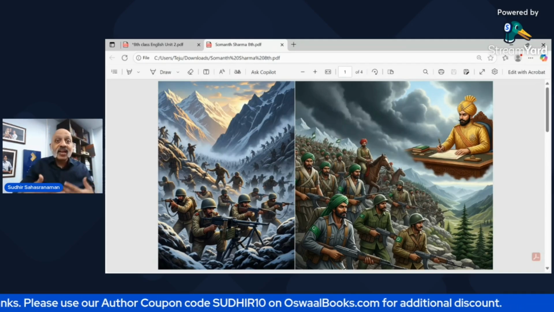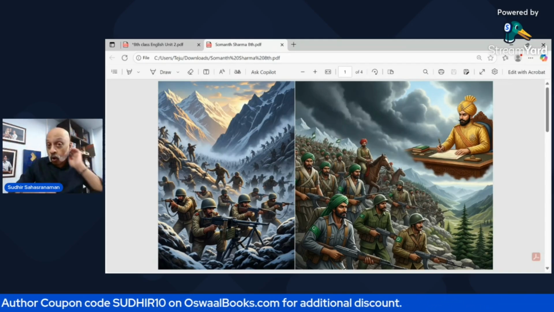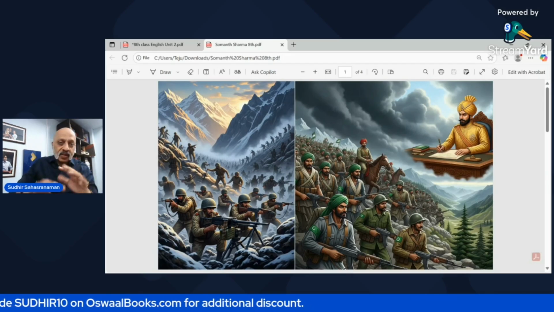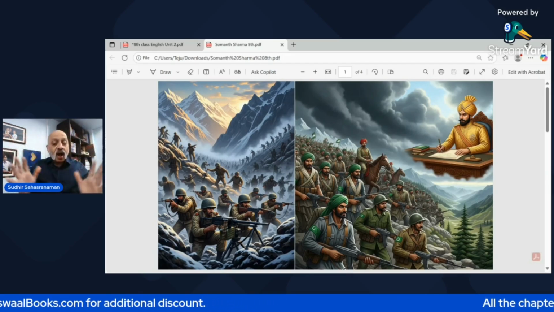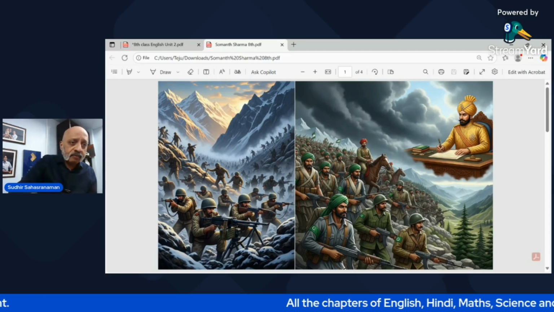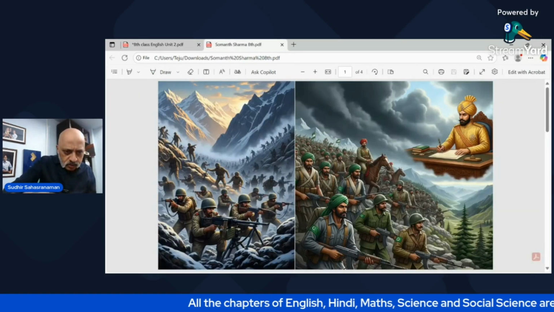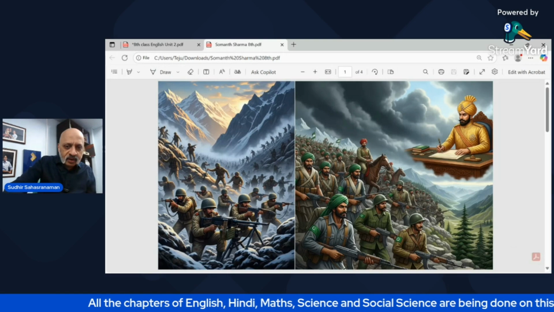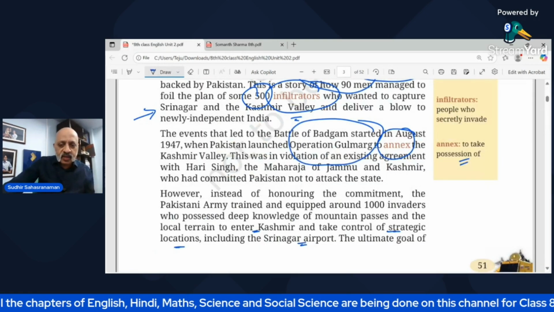The Indian army will take them on in the Battle of Badgam. This is just to give you an idea about the geography and the topography of that area. The left hand side is the Indian army, the right hand side is the Pakistani invaders.